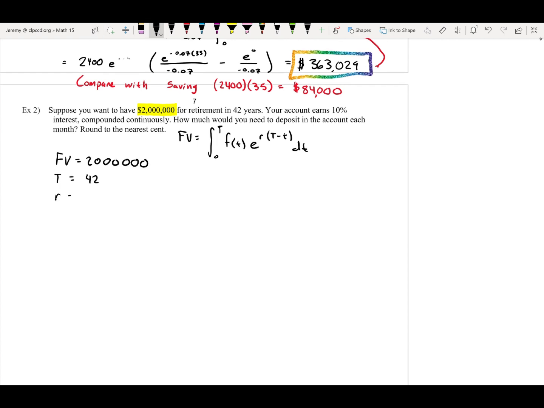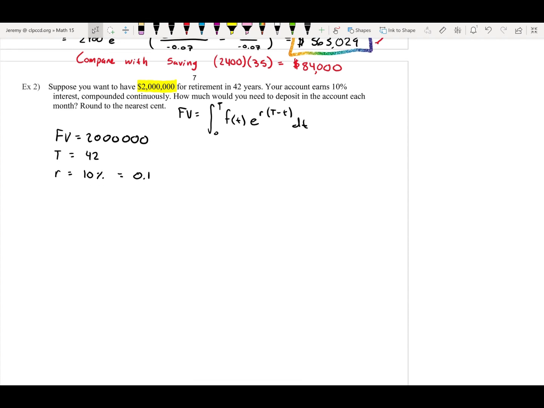And the interest rate is given to us at 10%, which as a decimal is just 0.1. And what we want to find is how much we need to deposit each month. So remember, f of t is the annual savings rate, and we want the monthly savings rate.